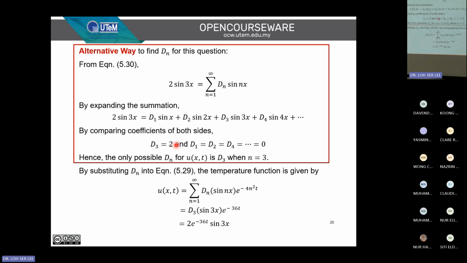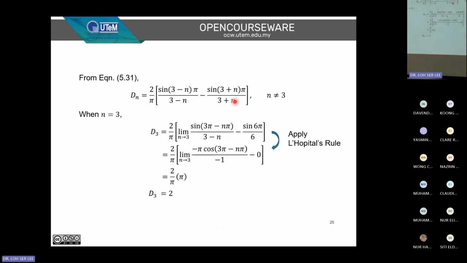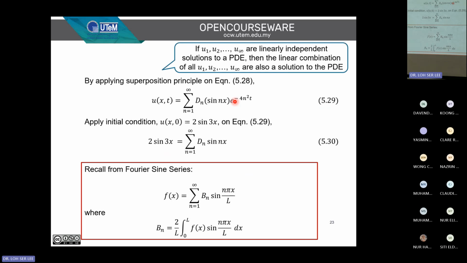The rest are 0. So when n is 3, go back to your solution. We want n is 3. This is your solution. We want only n equals 3 because the other values of n are 0. So when n is 3, we have D3 sine 3x e to the negative, this is 9, 9 times 4, so 36t, negative 36t.